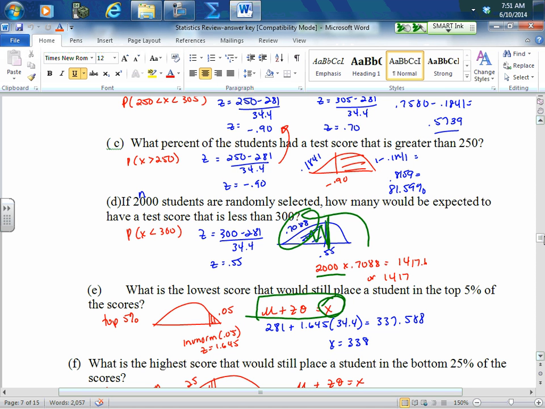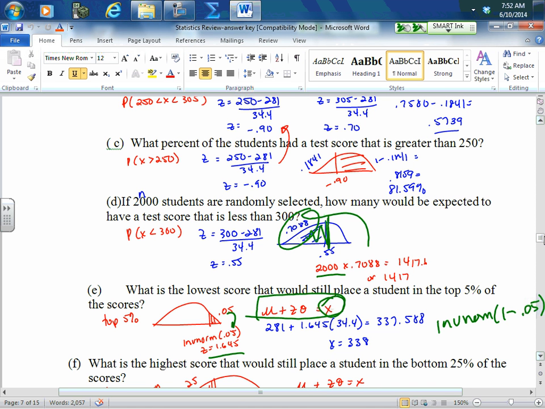So remember, the top 5 means you want 5% on the top. When you do inverse norm, be careful. If you look up just the 5%, it's going to give you the negative. But you know this is on the right-hand side, so it'll be the positive. Otherwise, you can do inverse norm with 1 minus 0.05. That will give you the 95%, which puts you at 1.6445.